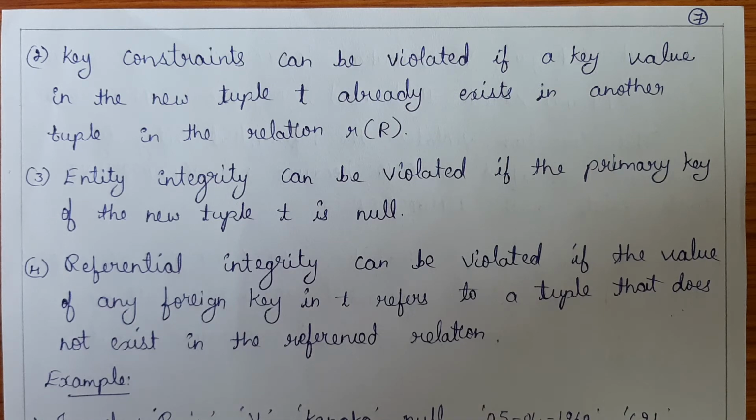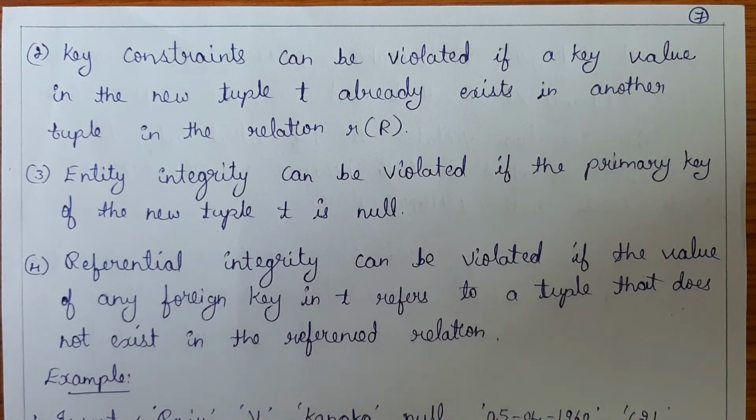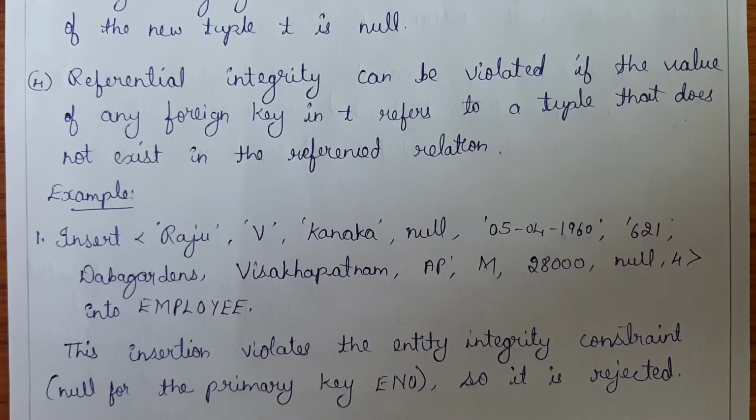While we are referring, that particular tuple should be present. If not, it is going to violate the referential integrity. That is the foreign key. So these are the four constraints, and we have given examples here.